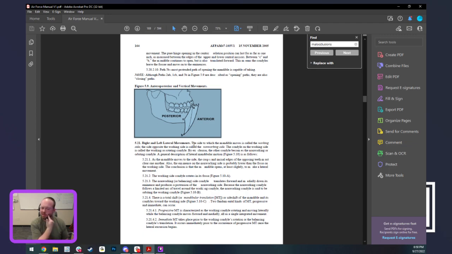So you'd have most of your force going to the back of the molars, whereas on this side you'd be biting cross-wise up here. So on the non-working side, there is a total shift, or mandibular translation, or side shift of the mandible and its condyles towards the working side. Total shift.